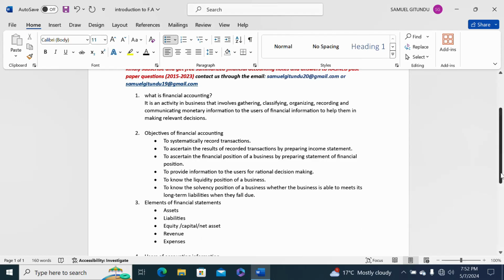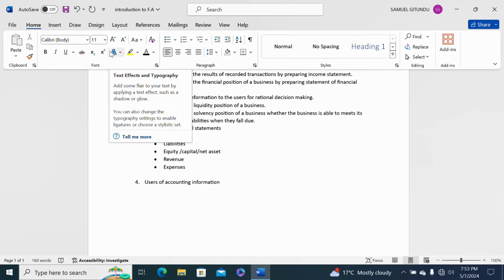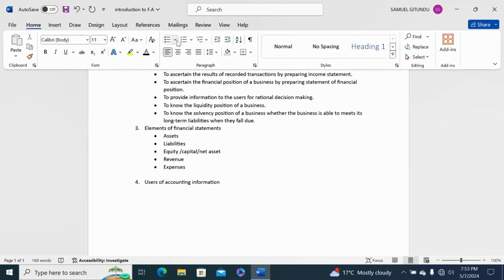And now we go to our final point, which is users of accounting information. We said that financial accounting, they are users, they are people who require the accounting information, and we are going to see these users. The first user of accounting information are the owners. The owners need accounting information.